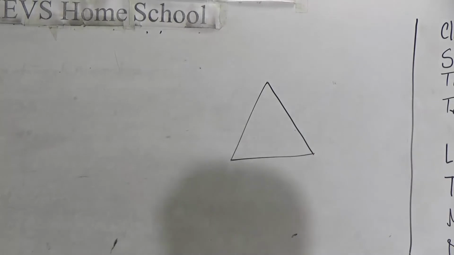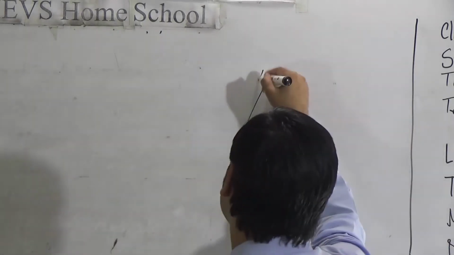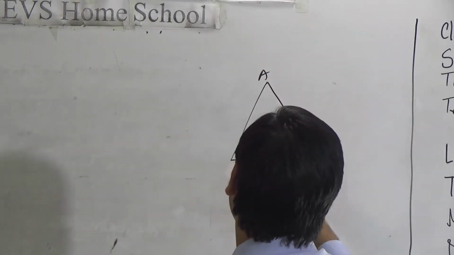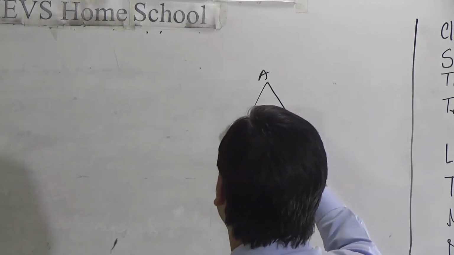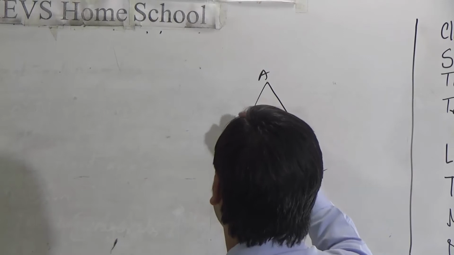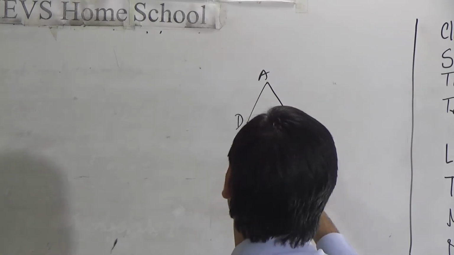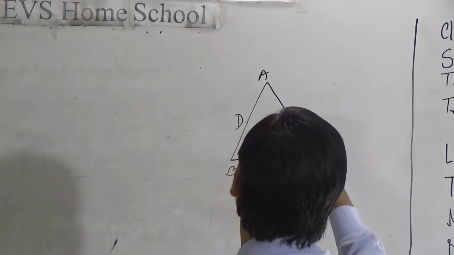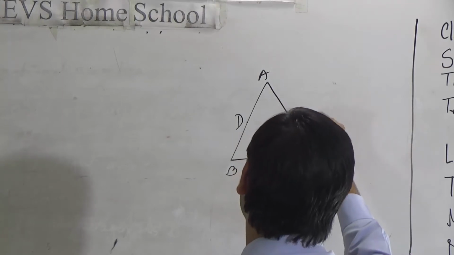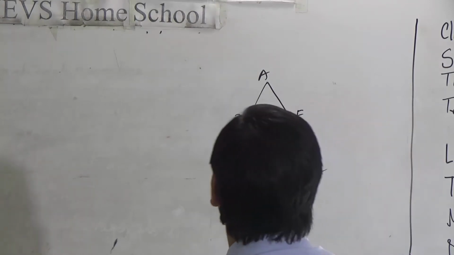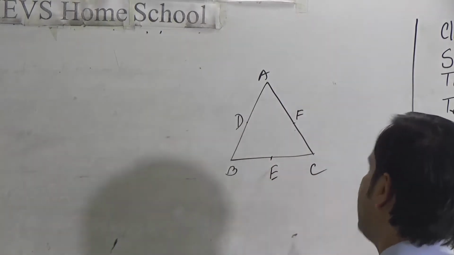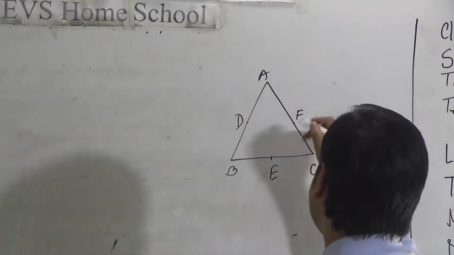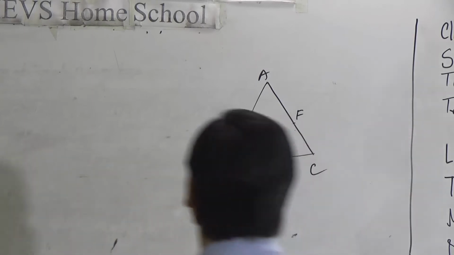Suppose this is an equilateral triangle ABC. D is the midpoint of AB, E is the midpoint of BC and F is the midpoint of AC.